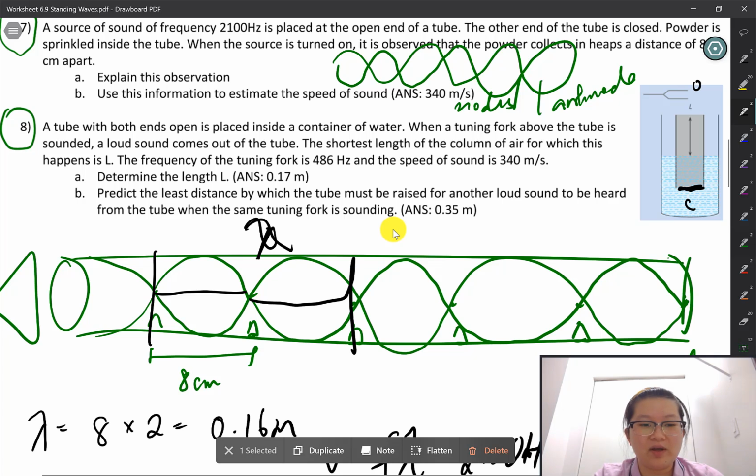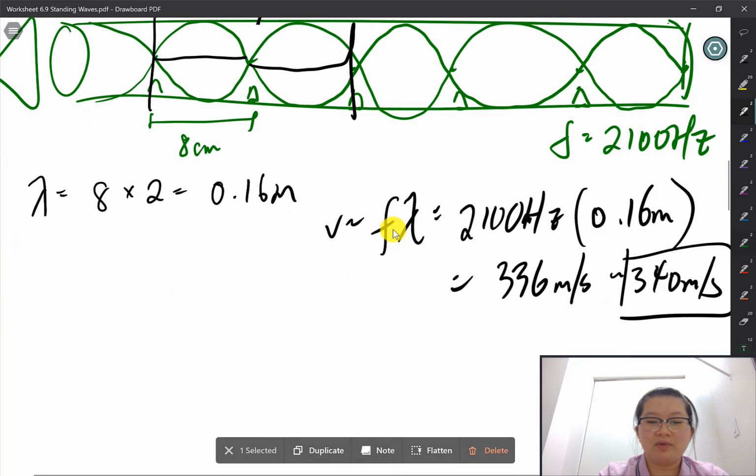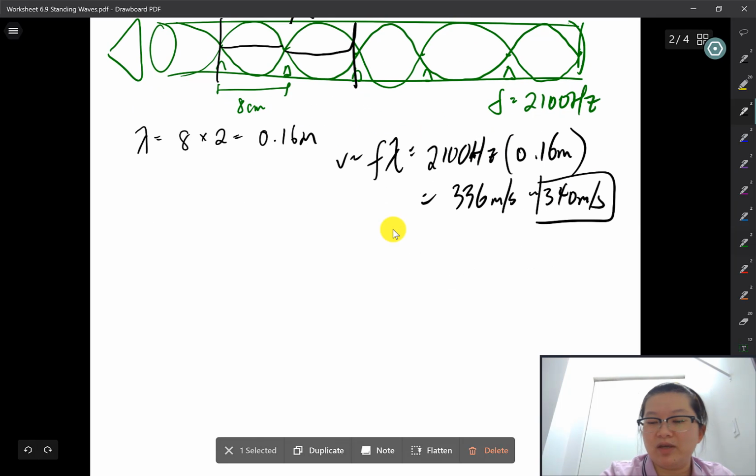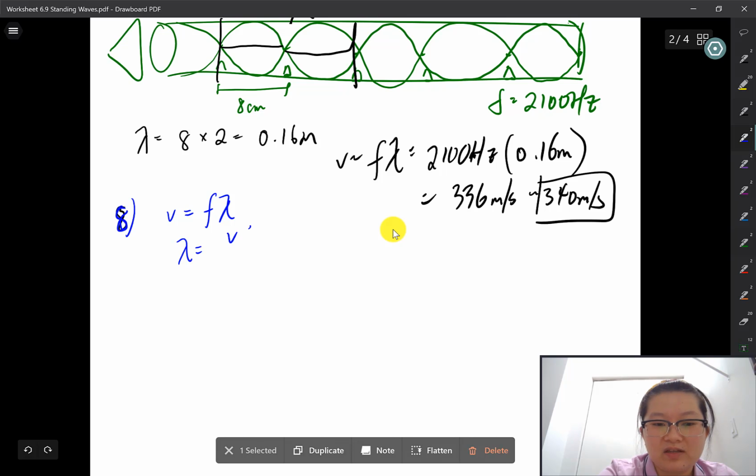So if you absolutely have no idea what to do in this question, you can just go ahead and figure out the wavelength. So I'm going to draw question 8 maybe again down over here. But first of all, I am going to figure out the wavelength. The wave equation is velocity equals frequency times lambda, in which lambda is going to be our speed divided by frequency. Our wave speed is 340 meters per second.